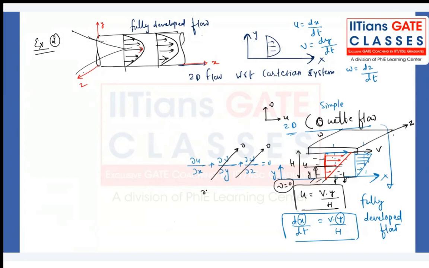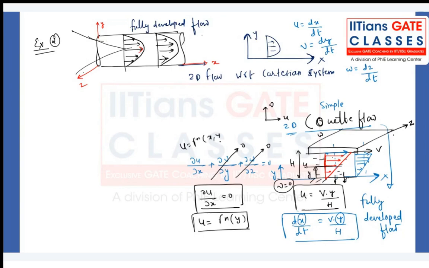So we can write dou u by dou x is zero. When dou u by dou x is zero, u cannot be a function of x now. It can be only a function of y. Being in the z direction, there are no variations, as z is of infinite length, so we can neglect any variations. Initially we thought it was a function of x and y both, but after dou u by dou x is zero, definitely it is not a function of x.